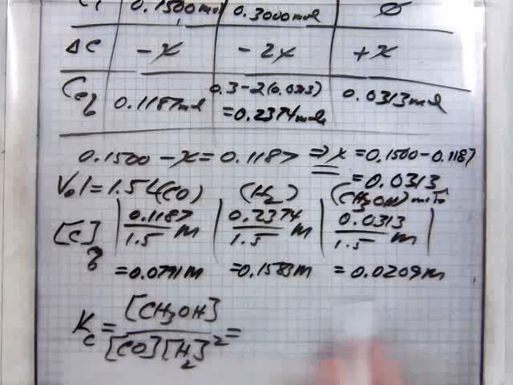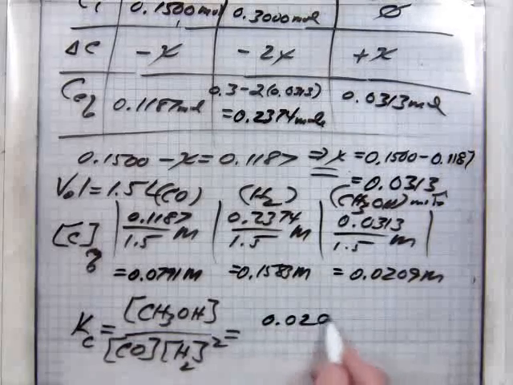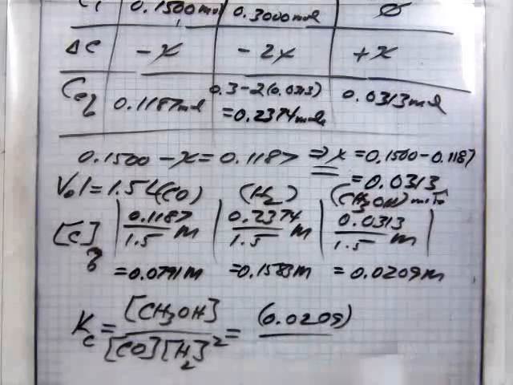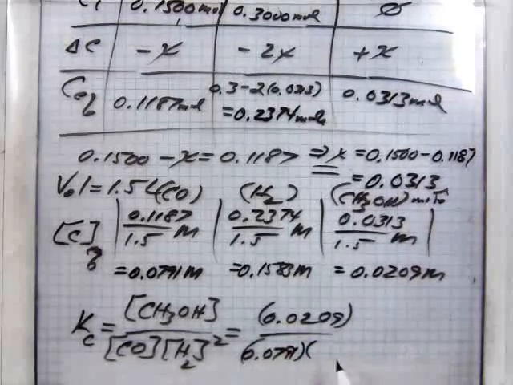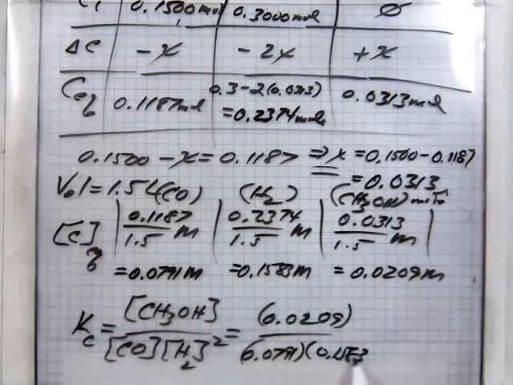So we have 0.0209 divided by 0.0791 and 0.1583 squared.